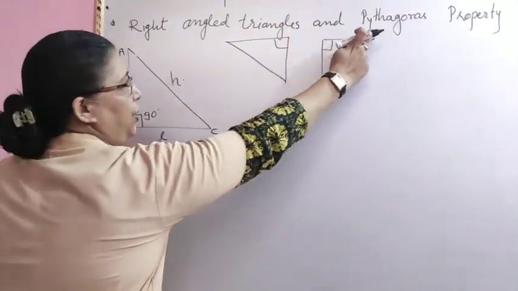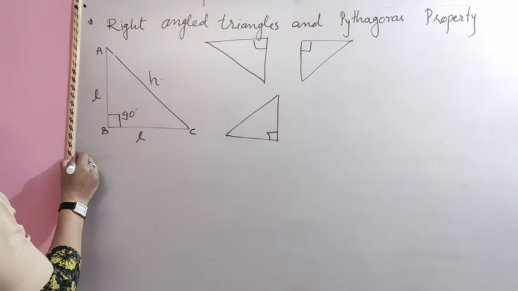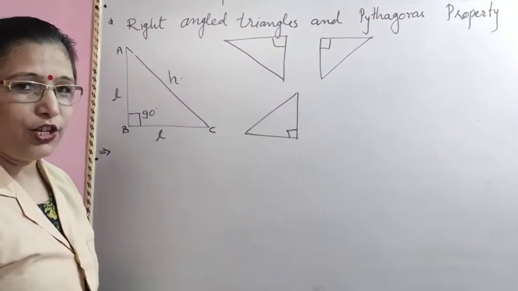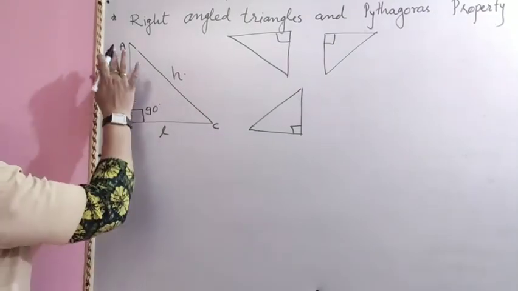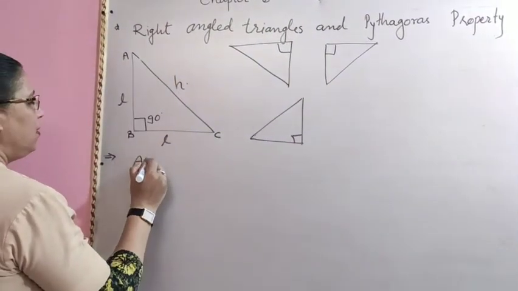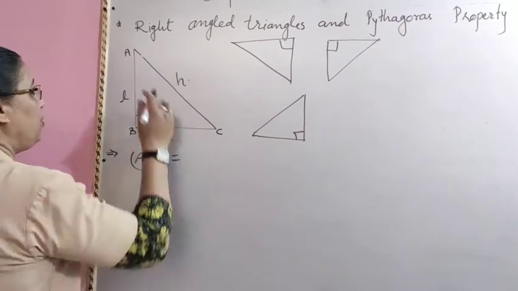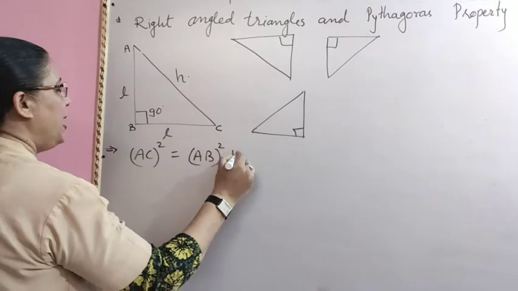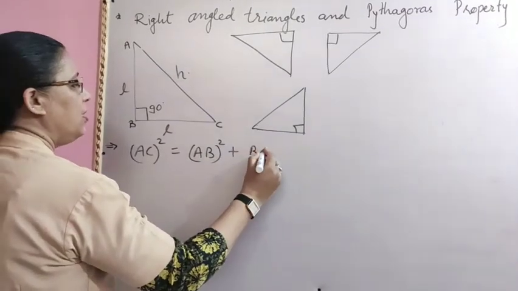According to the Pythagoras property, sometimes we say Pythagoras property and sometimes Pythagoras theorem. Both are the same. According to Pythagoras theorem, AC square equals side AB square plus side BC square.